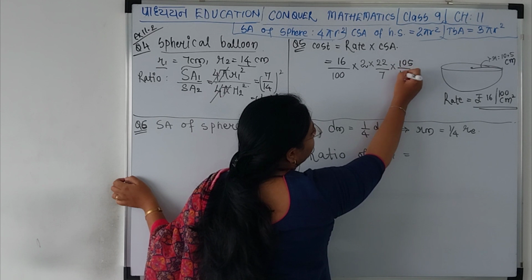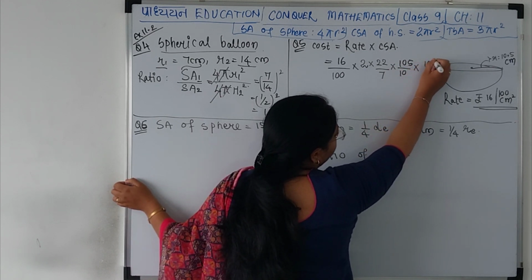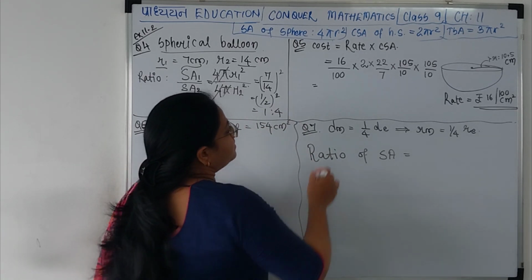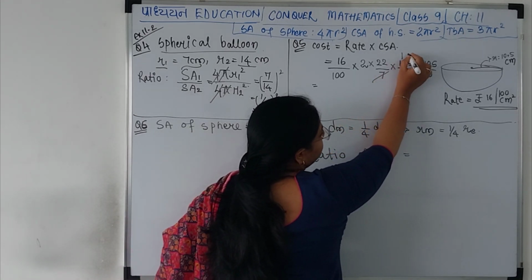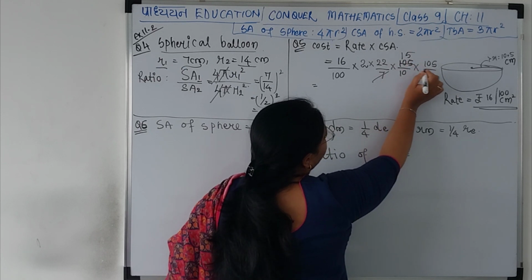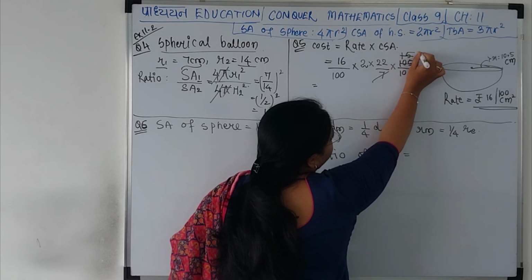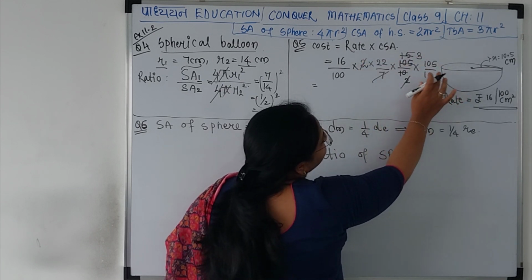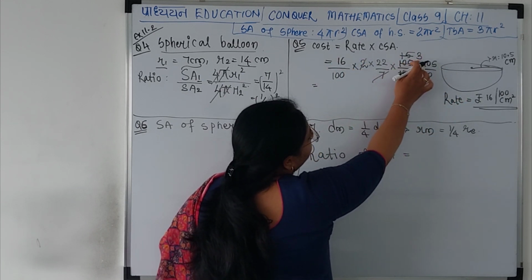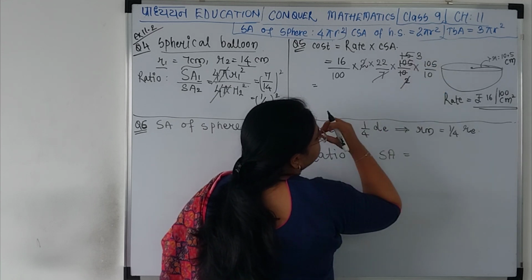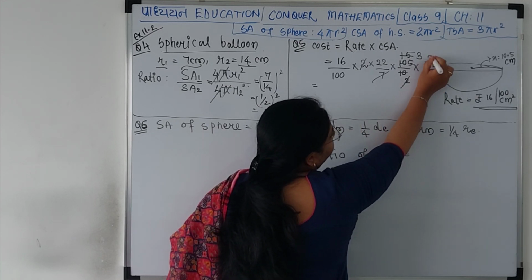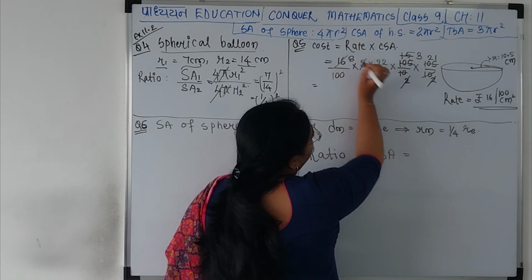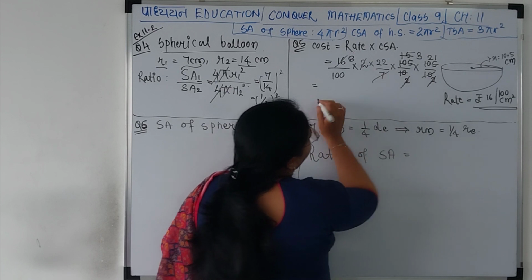The curved surface area of hemisphere will be 2 pi r square, that is 2 into 22 by 7 into r square. 10.5 means 105 by 10, and it is squared so twice. Correct? Now cancel as much as you can. 7 ones are 7, 7 fives are 35. 5 threes are, 5 twos are 2 get cancelled. Now we are left with nothing.